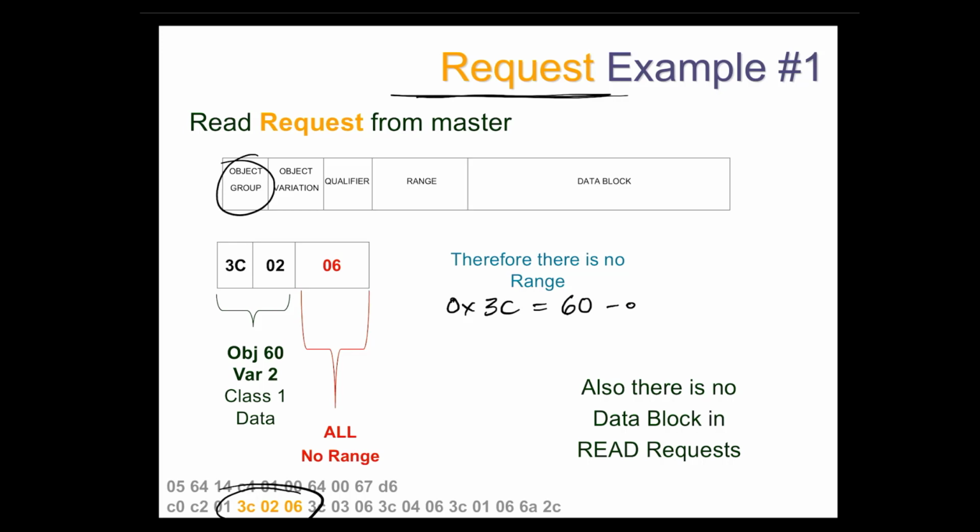So that means the object group number is 60. So you're looking up object group number 60 in your breakout sheet. Then you move on to your object variation, right? That would be 0x02, which equals variation 2.